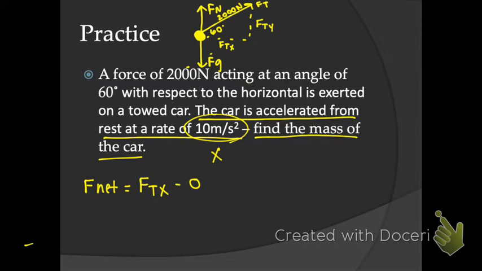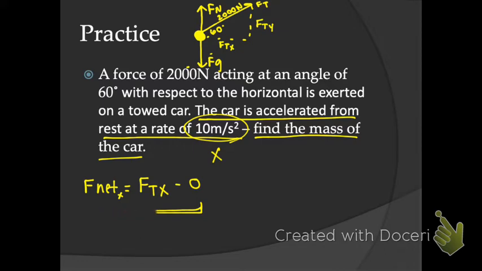Okay, so this right here is called the net force equation, and we always take positive forces minus negative forces, right? Anything that's going in the positive direction horizontally minus anything that's going in the negative direction horizontally, okay? And if you want to put a little X on there so you know you're dealing just with the X direction, you could do that as well.